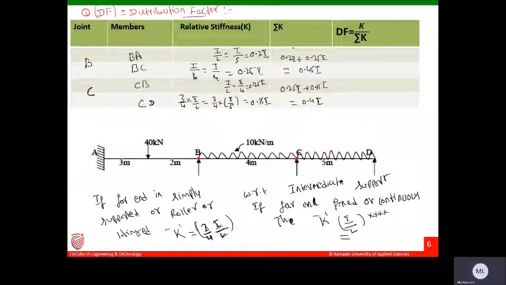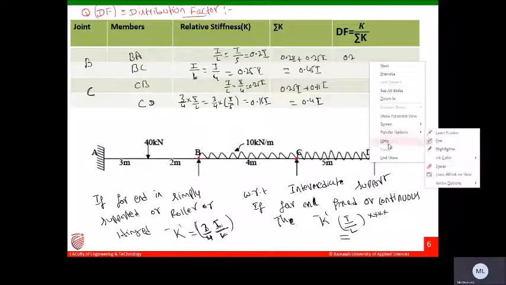Now we calculate the distribution factors, which are K by summation of K. For joint B, sorry, let me write this once again.